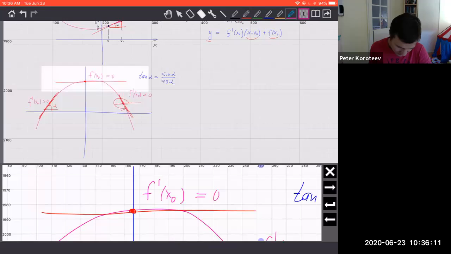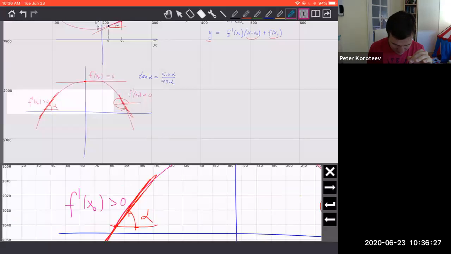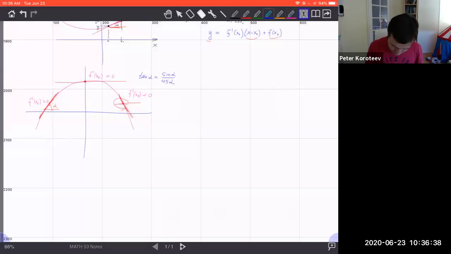And then I hope you remember this theorem from calculus that if a point has a local minimum or maximum, then the derivative at that point must be 0, right? And if the derivative changes from positive to 0 to negative, then it's a maximum, and if it's the other way around, like this, then you have a minimum.